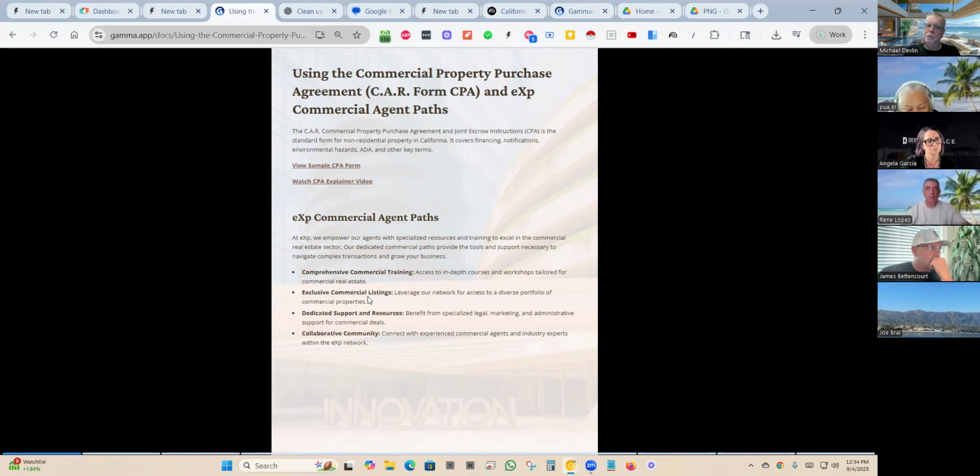Now, what changes once you leave 1 to 4 units is, first of all, the laws change. RESPA, the Real Estate Settlement Procedures Act, does not apply to 5 or more units or commercial transactions. Truth in lending law does not apply. Transfer disclosure law doesn't apply. Well, what laws do apply?